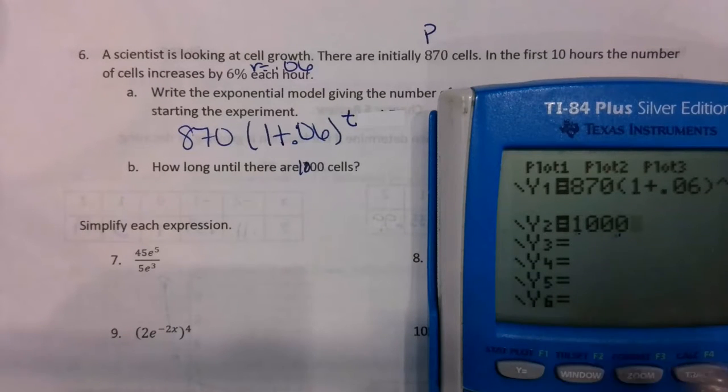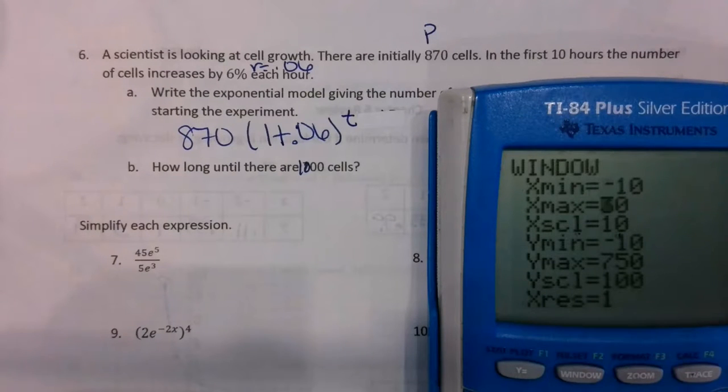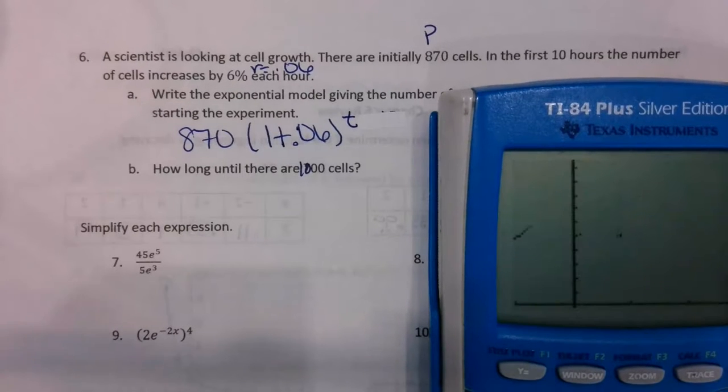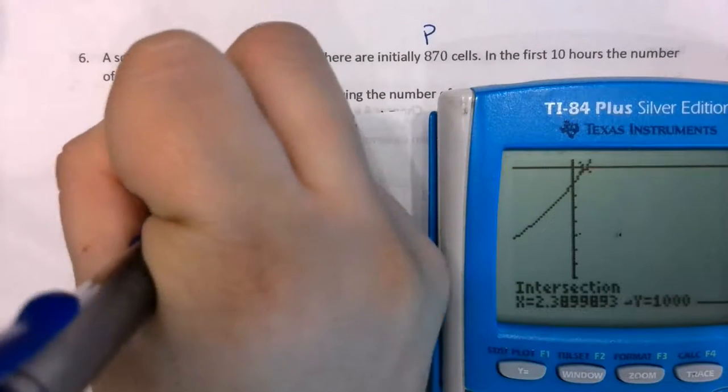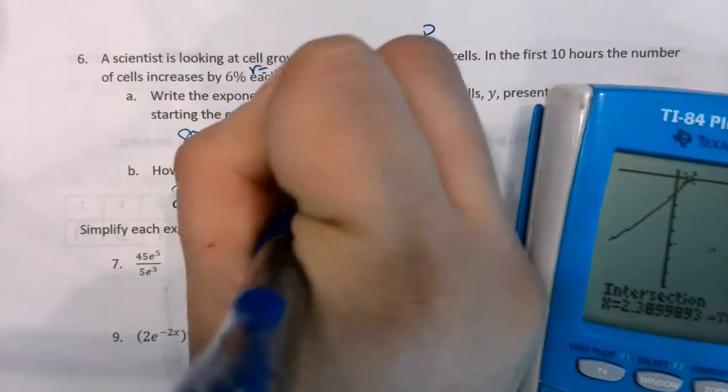I gotta go change my window again. I'll make this 1,050. Second calc, 5, enter, enter, enter. This gives me 2.39 hours.